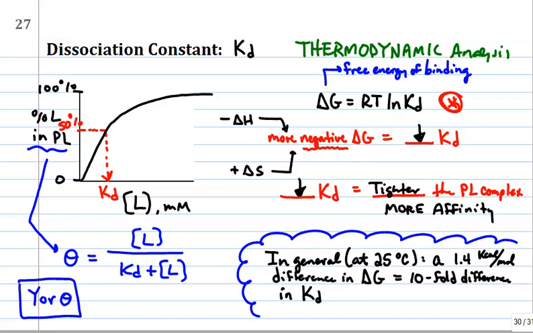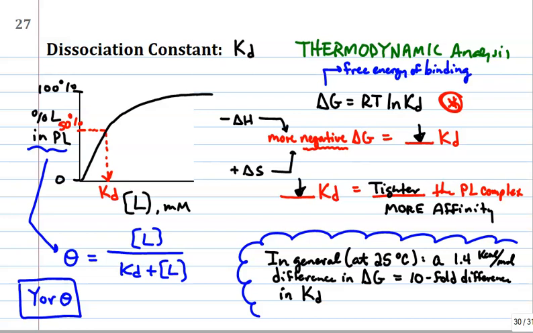So we're going to talk a lot about ligands binding proteins, enzymes binding substrates, ligands binding protein receptors that you've done in other classes. Binding constant is a very important description of the affinity for the ligand for the protein.